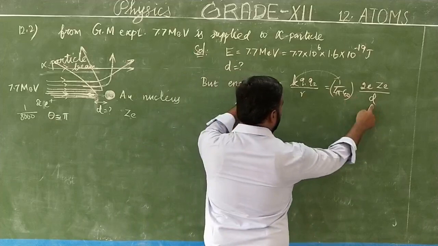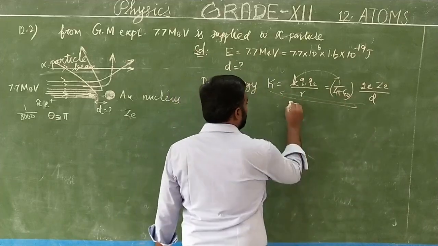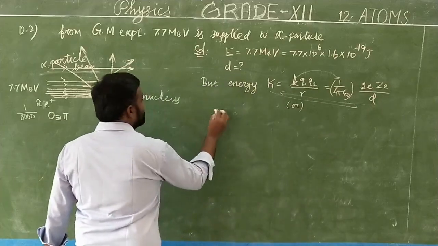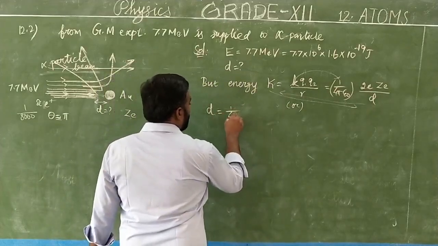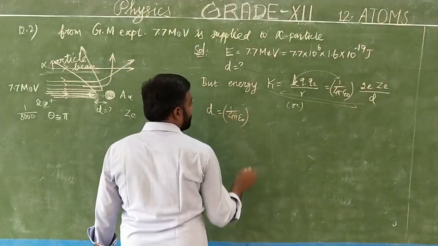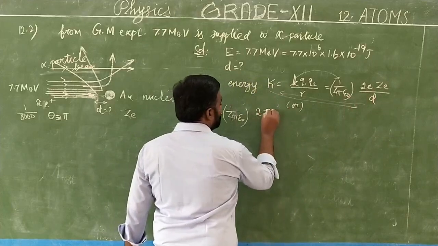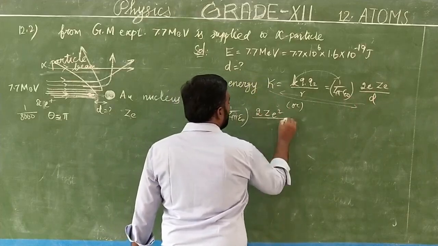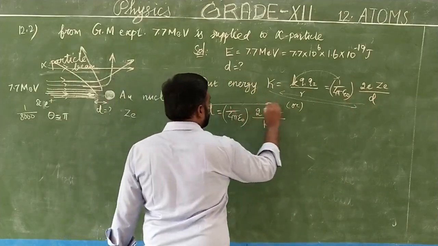Comparing both formulas, the energy and this distance, we can rearrange. How? The distance of closest approach d is equal to 1 by 4 pi epsilon naught, you cannot change it, 2 Z e square divided by K. Okay, so this is the final formula.